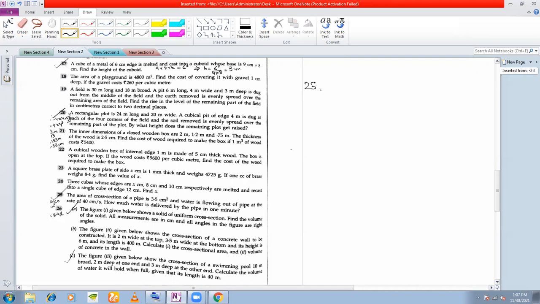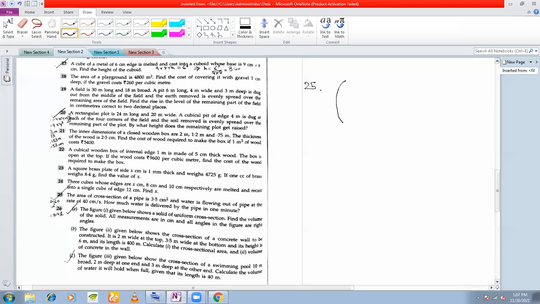If you read this question, the area of cross section of a pipe is 3.5 centimeters square and water is flowing out of the pipe at the rate of 40 centimeter per second. How much water is delivered by the pipe in 1 minute? So a pipe will look like this, right?